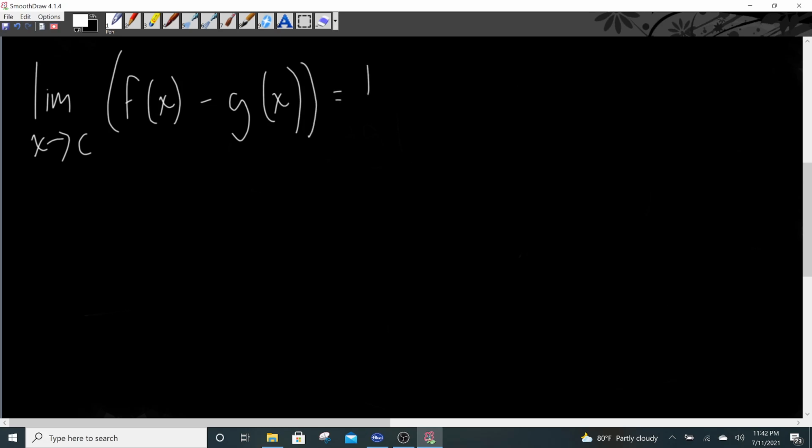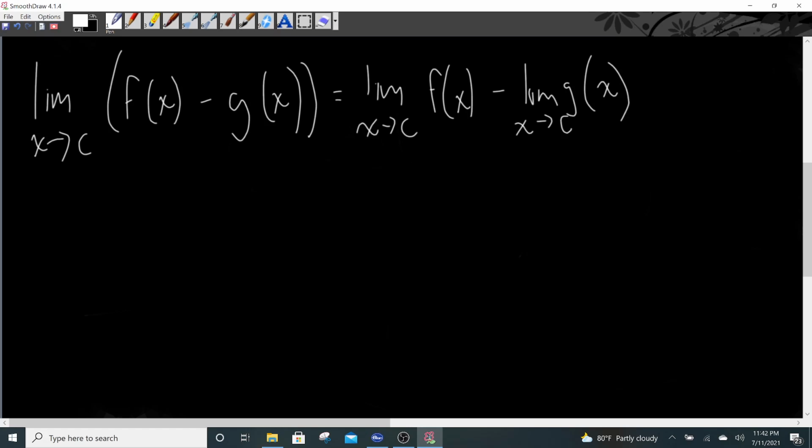I already wrote down the sum rule, so I'm not going to do that one again, but the limit of f of x minus g of x is going to be the limit as x approaches c of f of x minus the limit as x approaches c of g of x. I'm not going to keep saying the same thing over again because that would get very annoying very quickly. So just look at the screen for this one.